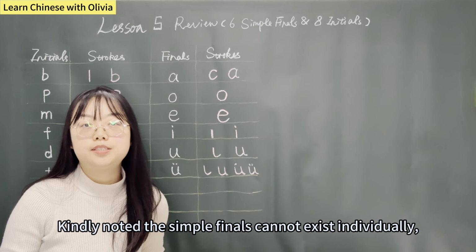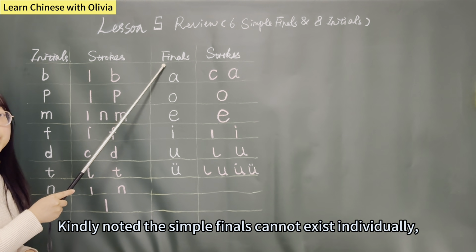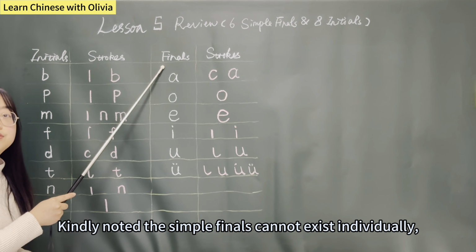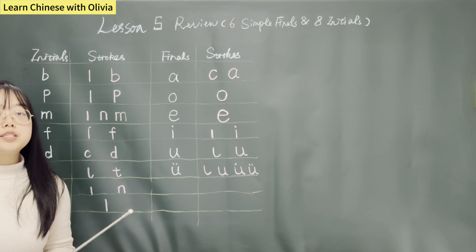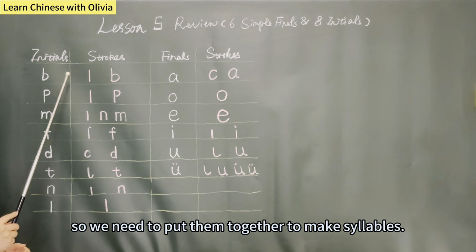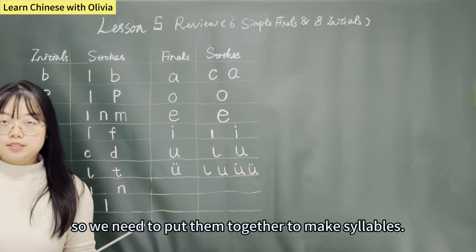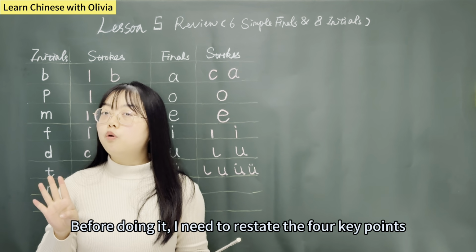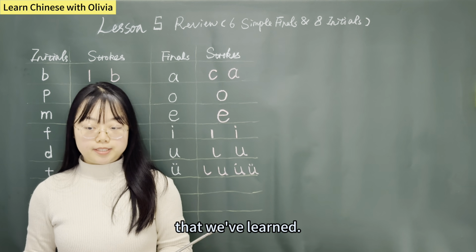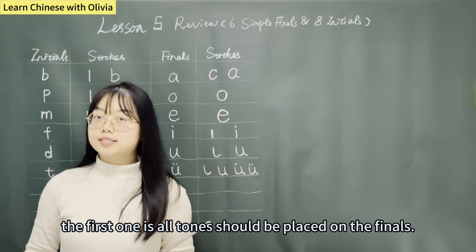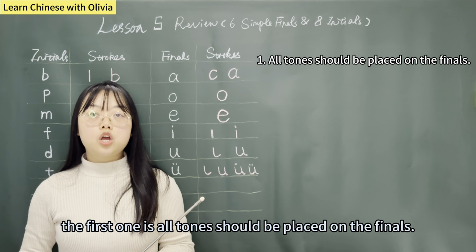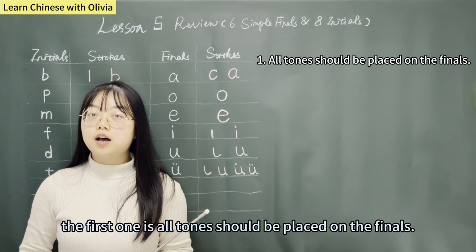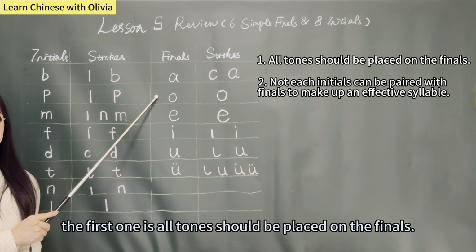Kindly note, the simple finals cannot exist individually, so we need to put them together to make syllables. Before doing it, I need to restate the 4 key points we've learned. The first one is all tones should be placed on the finals.